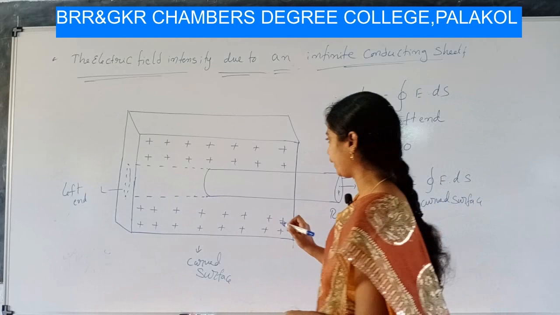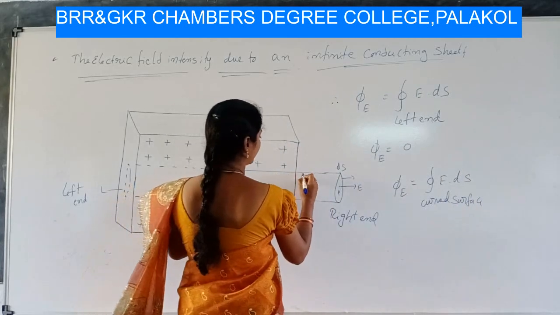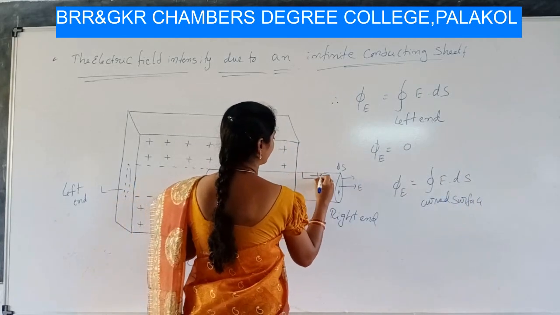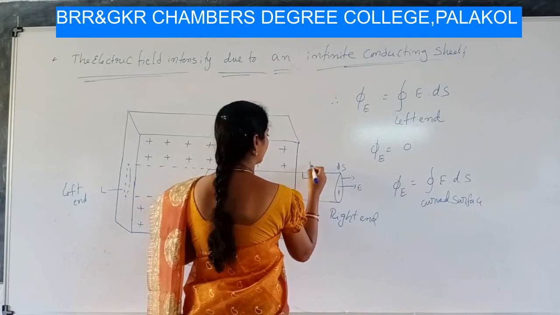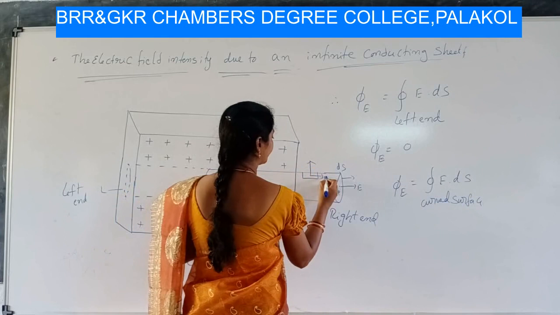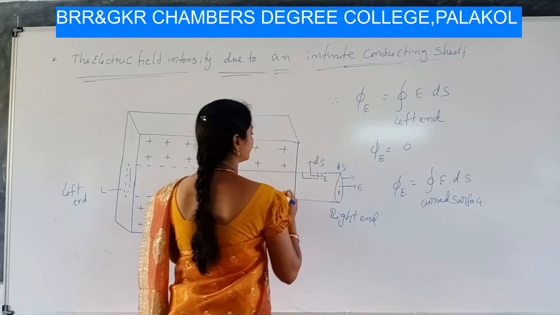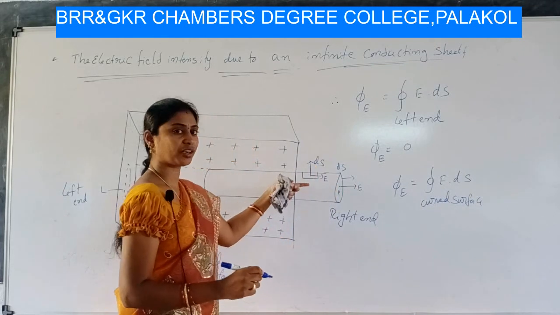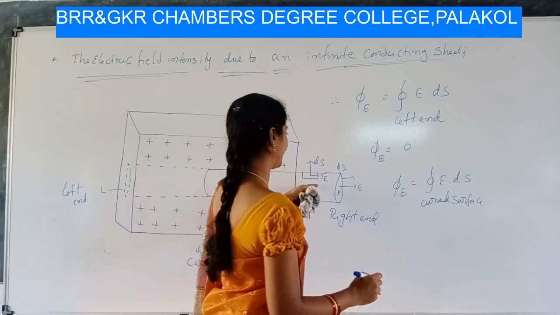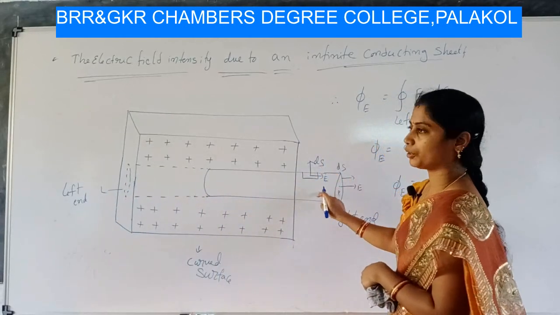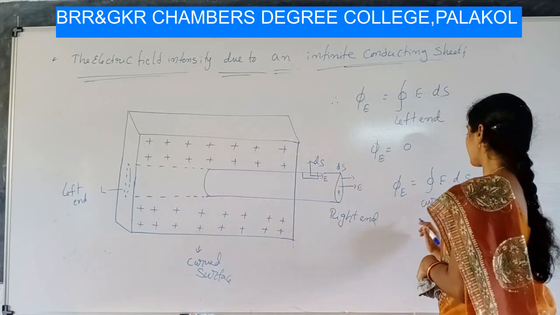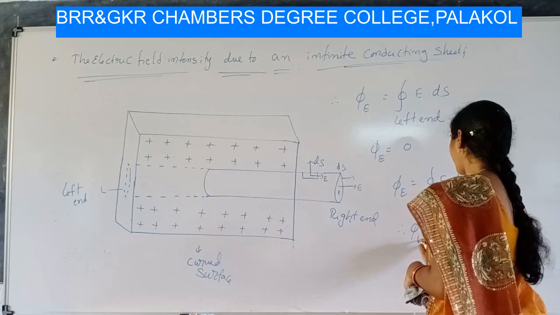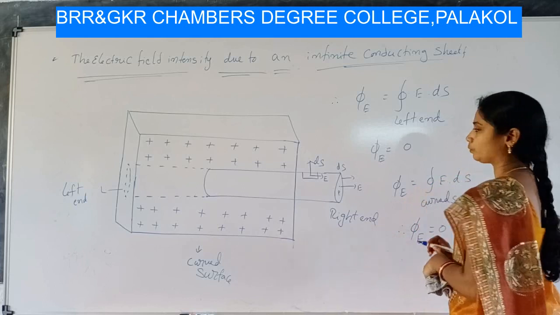Here the electric field and ds are perpendicular to each other, hence the electric flux becomes 0. Therefore, phi is equal to 0.